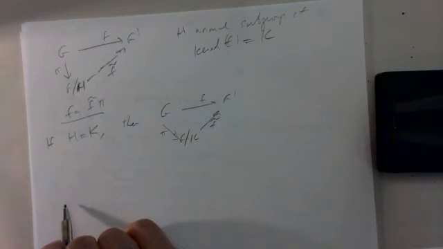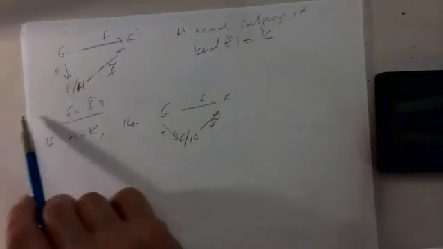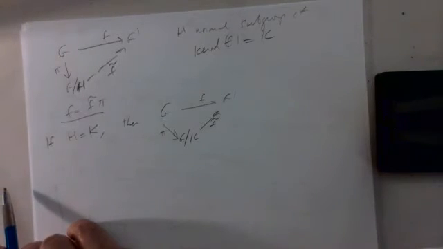We know F tilde is a homomorphism. That's part of this basic little theorem. Right. And it's onto, and now it has a kernel which is mapped to identity. That's what makes it isomorphic.